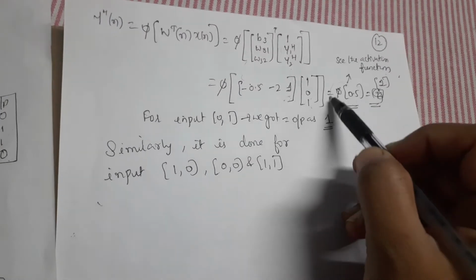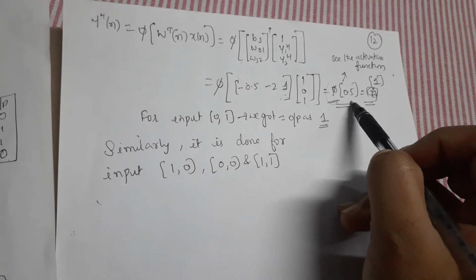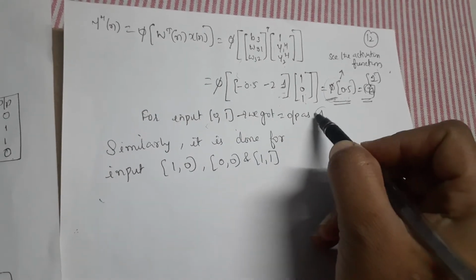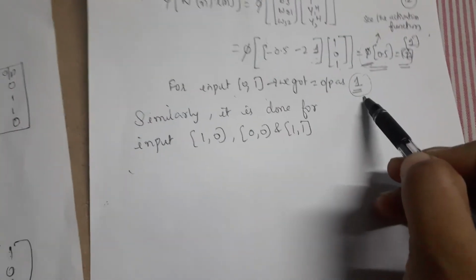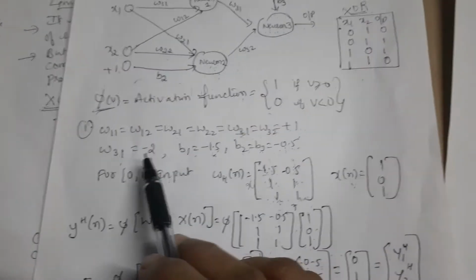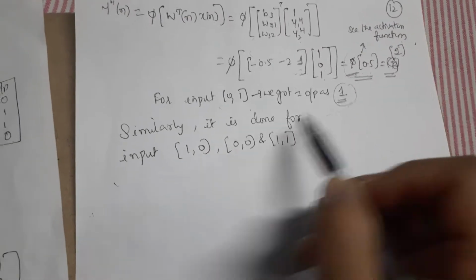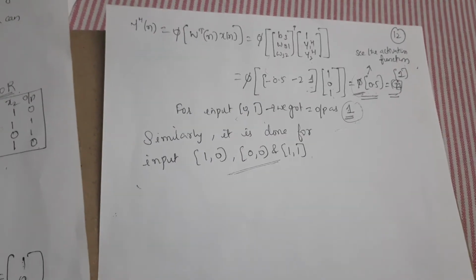Then apply the activation function: greater than 0 is 1. So for the input 0, 1, the output from the final neuron 3 is 1. Yes. Similarly, we have to do this for the other inputs. Thank you.